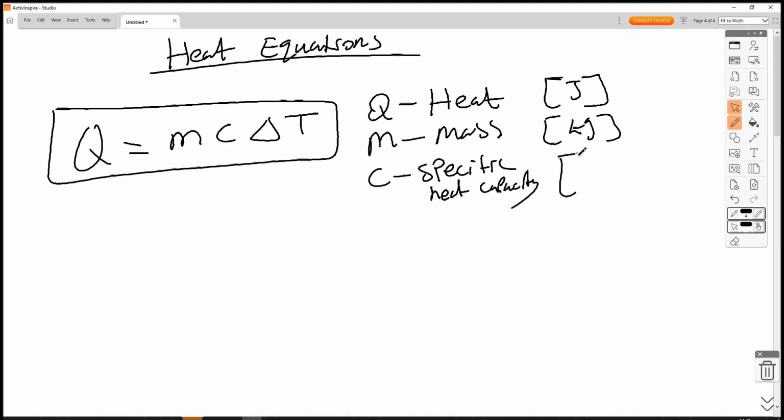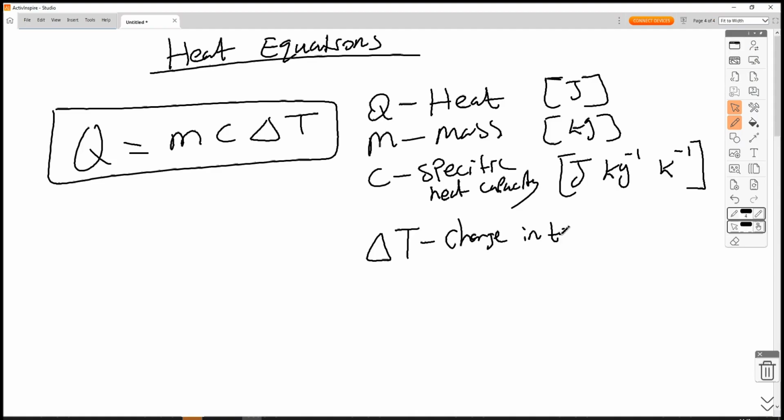So now, the units are joules per kilogram per Kelvin, because temperature is now measured in Kelvin, not in degrees C. And delta T is the change in temperature, which is measured in Kelvin.